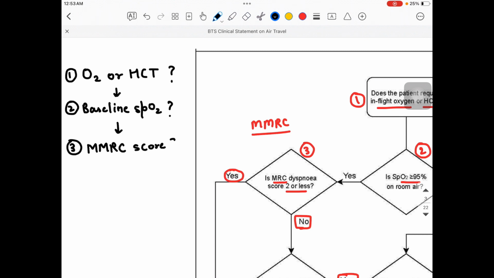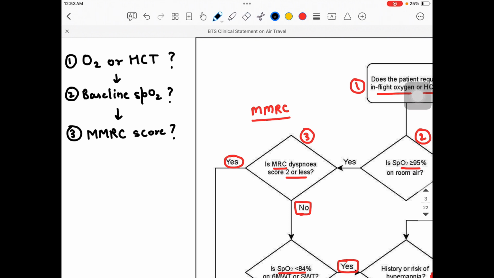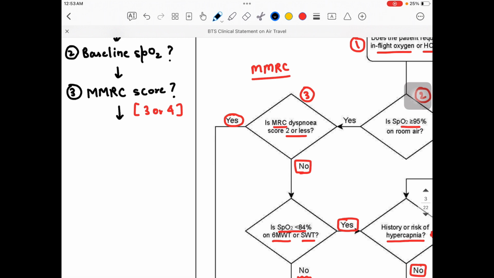So what is the MRC score? Let's say the MRC score is 2 or less, then the patient is safe for boarding the flight. If the MRC score is 3 or 4, then we need to ask one more question, the fourth question: the 6-minute walk test or shuttle walk test.